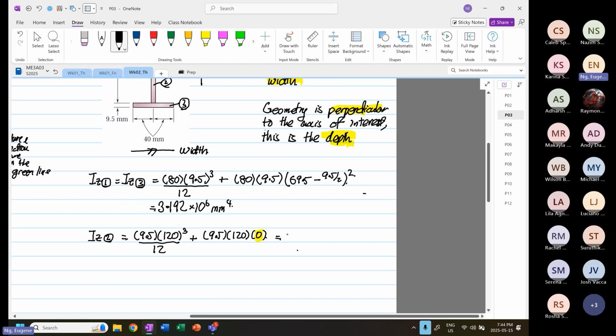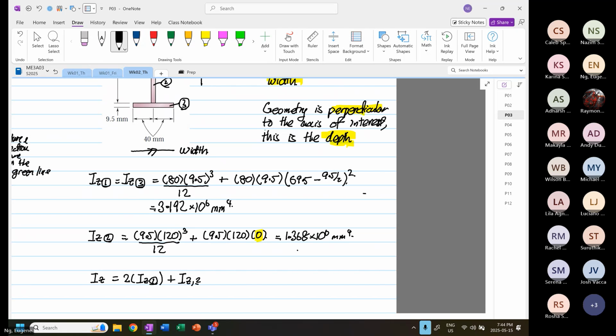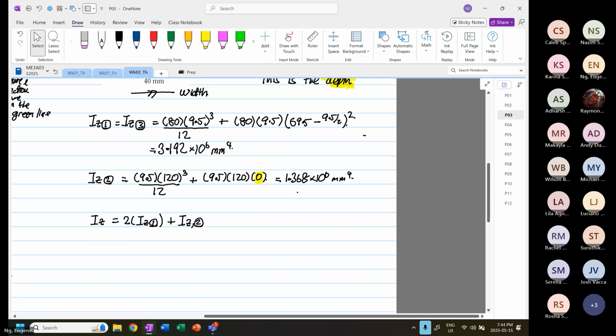So we have 1.368 times 10 to the power 6 millimeter 4. So now we can calculate our IZZ, or our IZ will be twice IZ1 plus IZ2.